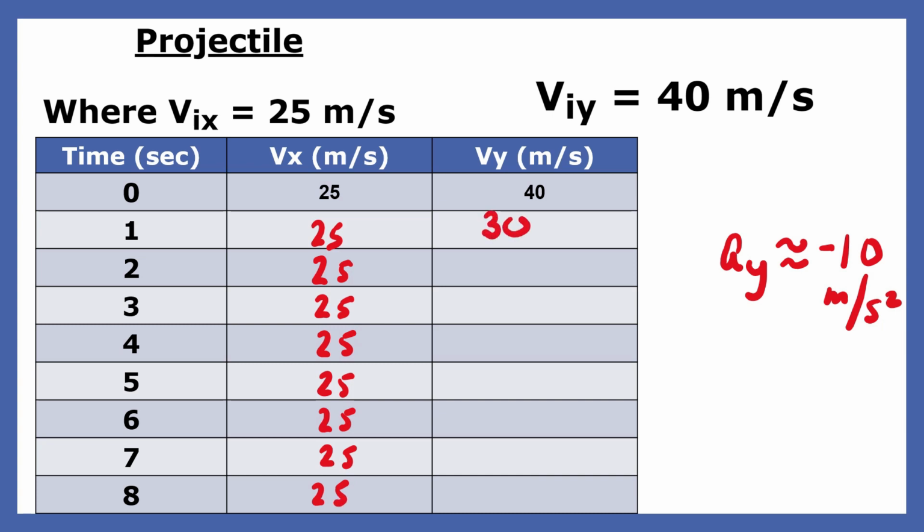However, as soon as the projectile leaves the thrower's hand, the vertical force of gravity decreases the vertical velocity by 10 meters per second each second that it's in the air. At the peak, the vertical velocity is 0, and then for each second after it passes the peak, the vertical velocity increases by negative 10 meters per second.